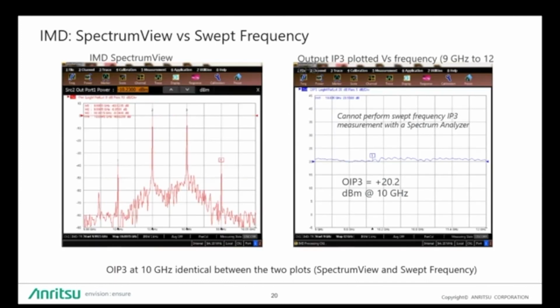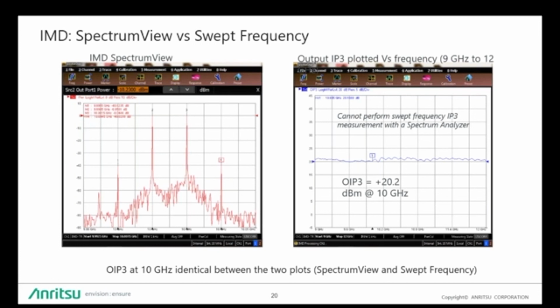So as you see, the picture on the left here is just a spectrum view where you have to actually calculate the output IP3. The picture on the right is where I'm sweeping from 9 gigahertz to 12 gigahertz. The one on the left is just at 10 gigahertz, whereas in the picture on the right, the frequency sweep is between 9 and 12 gigahertz.